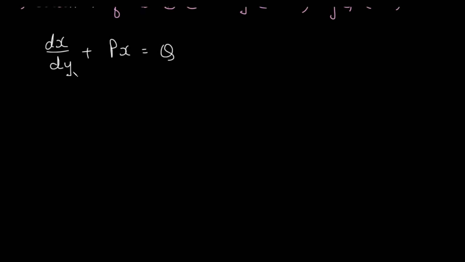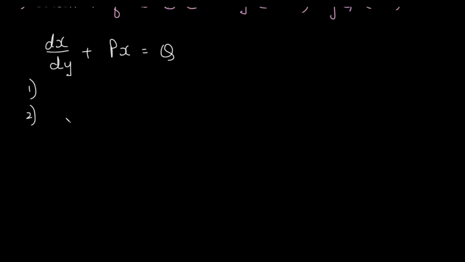In this case, y is the independent variable and x is the dependent variable. To solve such equations also, the steps are similar. The first step is to make the coefficient of dx upon dy as 1.